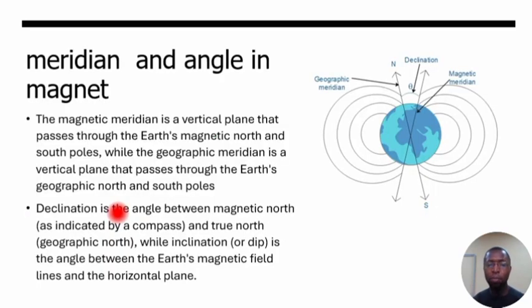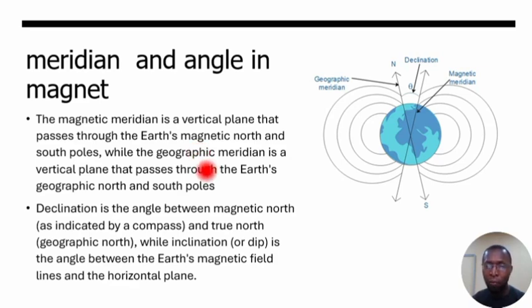Let's look at another concept in magnetism, and that is the meridian and the angle. The meridian in magnetism is a vertical plane that passes through either the earth's north pole and south pole or the magnetic north pole and south pole. So we have two types of them.